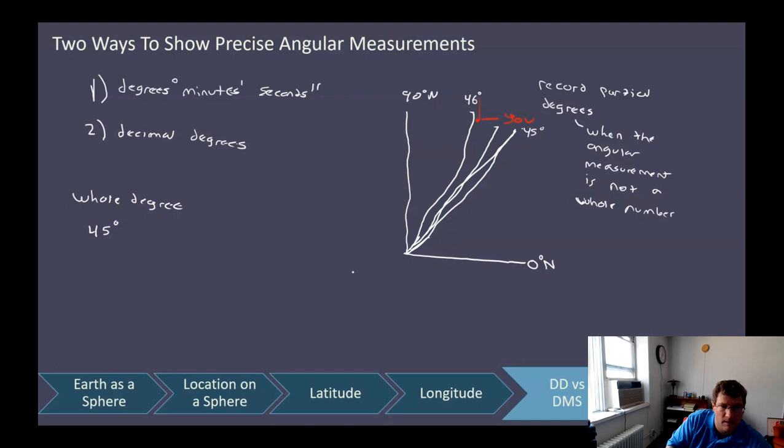Let me redraw that a little cleaner. So we have one angle, and we have another angle, and what we do is we break it up into smaller subangles.